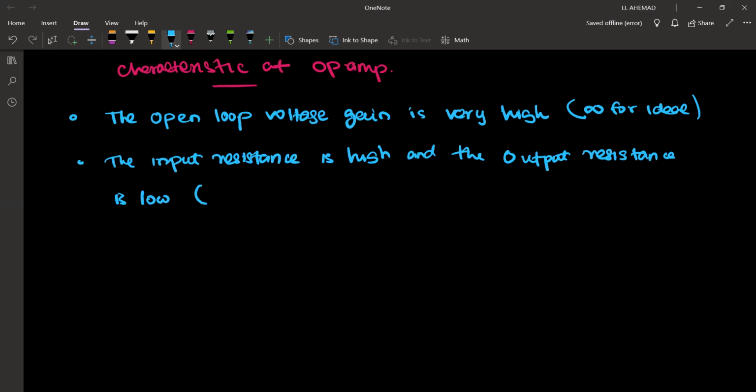For ideal, it is infinity and zero, respectively.